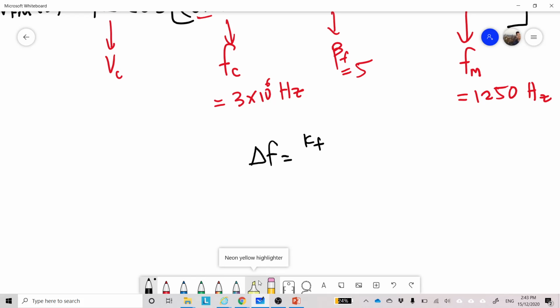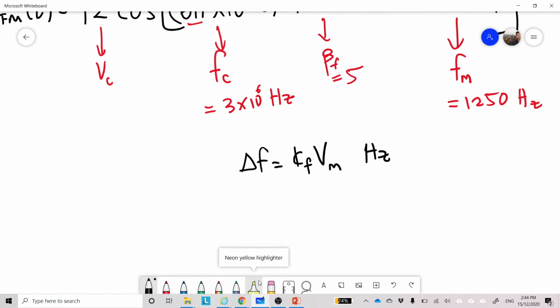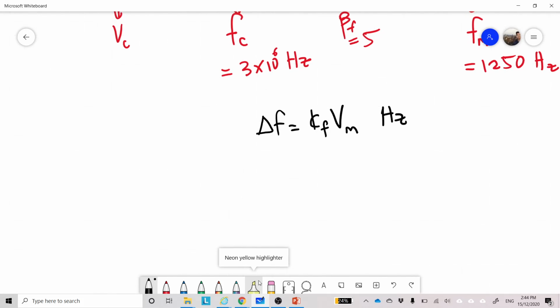Sorry, frequency deviation is equal to KF VM, the frequency deviation sensitivity multiplied with the peak amplitude of the input signal. So unitnya adalah dalam sebutan hertz. Okay, so in order to find the delta F, we can use the modulation index parameter.